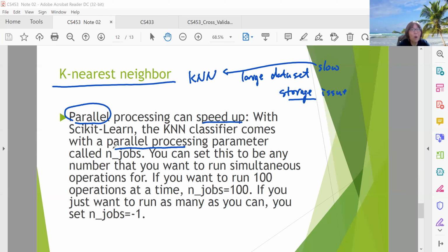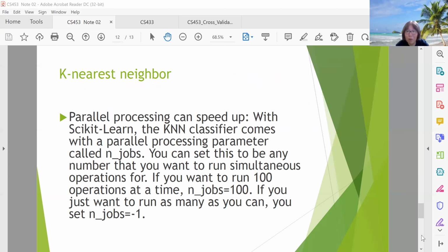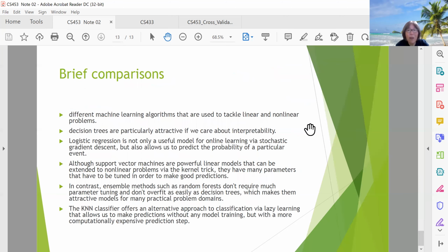So for KNN, we can borrow parallel processing. If you recall, in sklearn there is a parameter called n_jobs, which supports multi-core processing, simultaneous operation. So it can help at a certain point to speed up. And over here, we give a brief comparison among the algorithms that we have learned so far, not all of them.